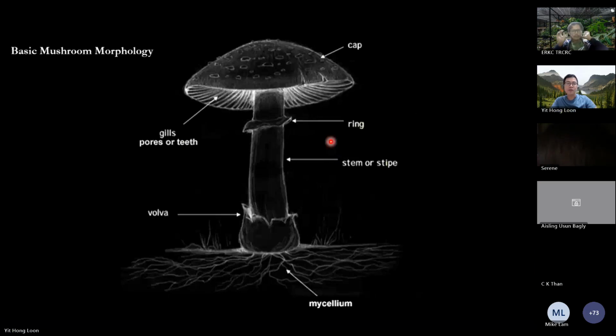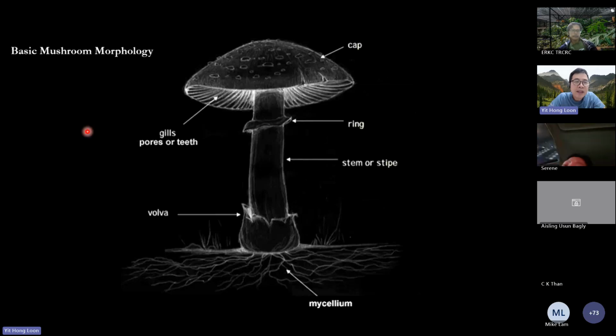Okay. So these are the basic mushroom morphology, or the features of a mushroom. These are very simple features. Of course, there are more, but for a layperson like us in field study, these are the key features that you need to know. This is the cap of the mushroom.